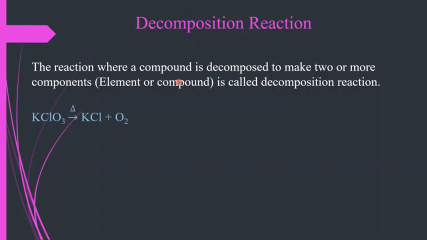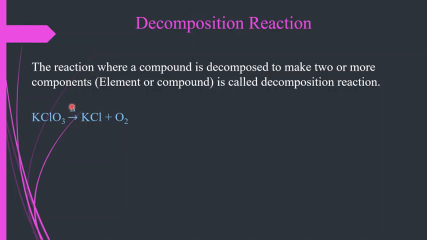For example, this compound, its name is potassium chlorate. It is a new compound for you. This type of new compound you will learn in your upper classes also. This is potassium chlorate. When potassium chlorate is decomposed, this is the symbol of heat. It is called del.